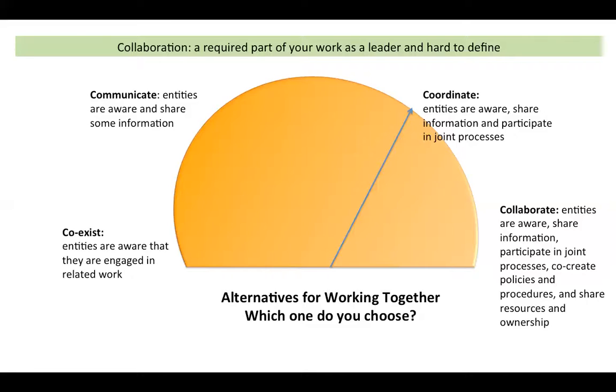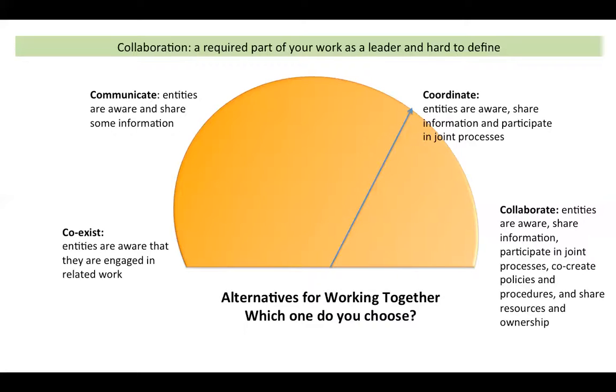Sometimes you don't necessarily need to collaborate. Sometimes you can just communicate, and that's good enough. So there's some discernment you'll need to figure out: what is the best approach to working with this other team? Say you're on a community coalition trying to end homelessness. I keep using homelessness, so we'll just go with that.